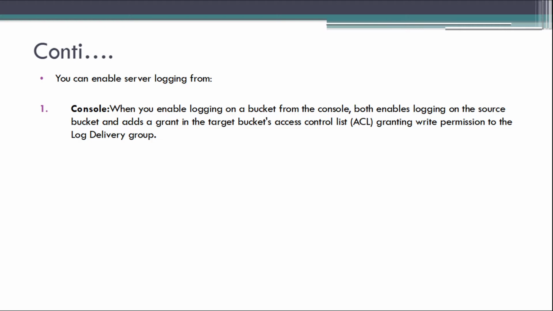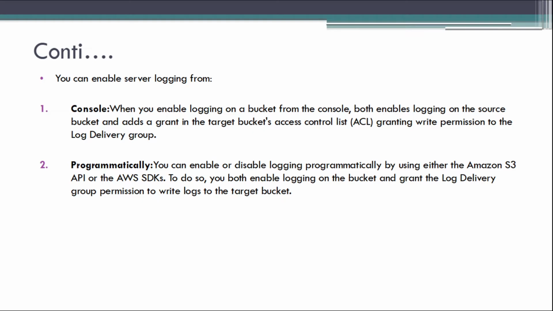So if you are enabling this feature from the console, both features will get enabled. So you do not need to manually grant that ACL permission. It will be set automatically for you.